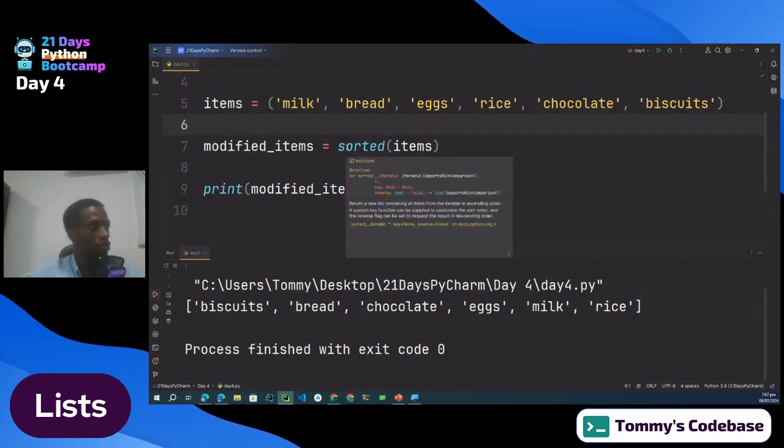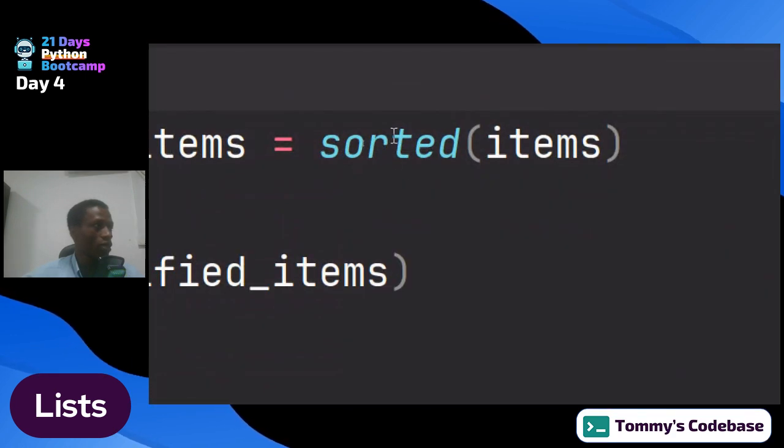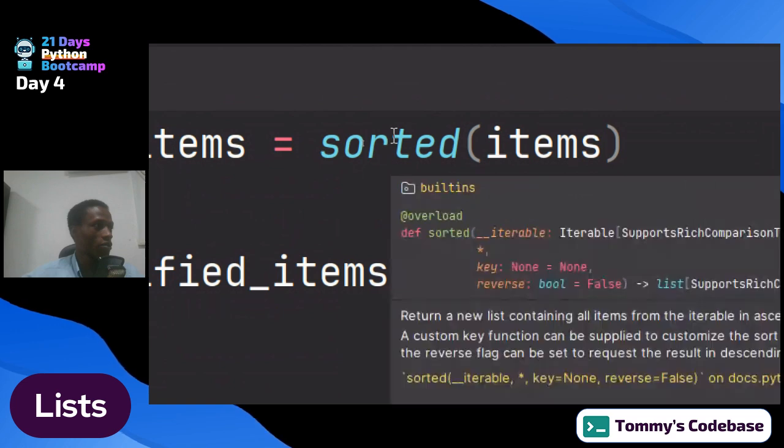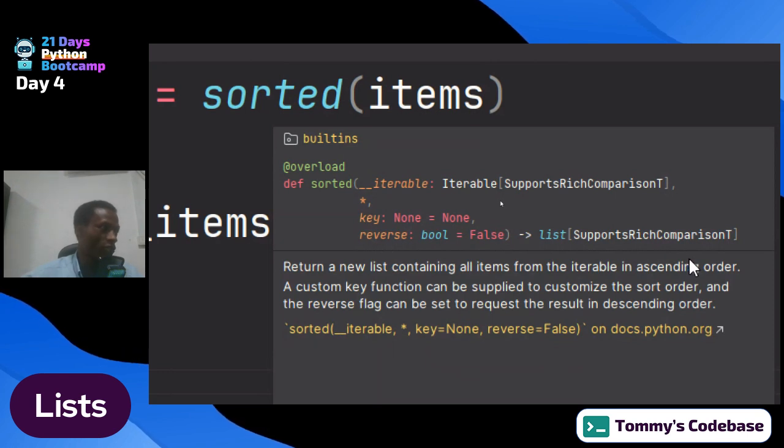If you look at the documentation for the sorted, I told you the last time to forget the cryptic things you may see on the screen. You can read here in plain English that it says return a new list containing all items from the iterable.